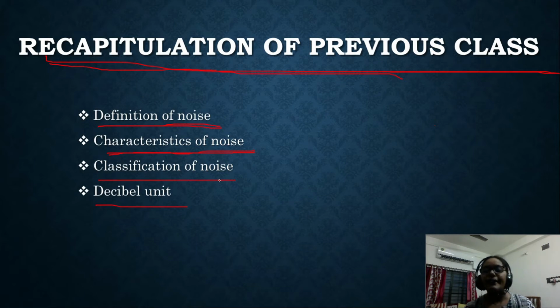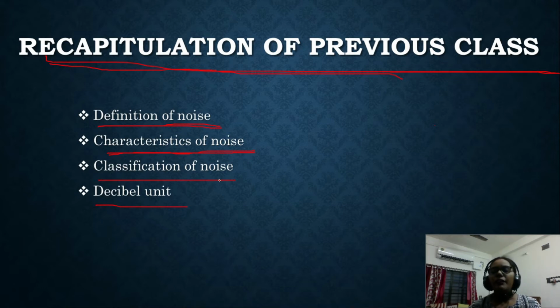Occupational noise is mainly from industry, factories, any type of institute, or marketplace. Whatever noises are created from these places are called occupational noise. And the last one is neighborhood noise.